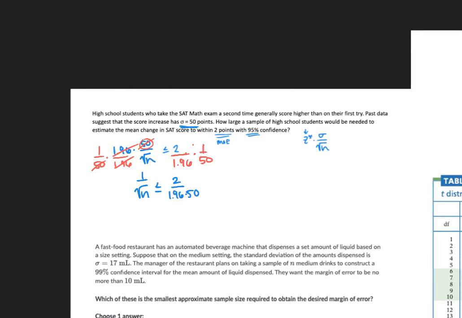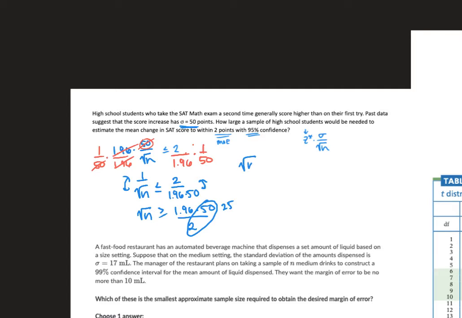Now we need to get n on top, so we're going to take the reciprocal, which means just flip it. So we're left with square root of n. And remember, when we flip it, the inequality also switches. So then we have 1.96 times 50 over 2. To simplify this a little more, we can just divide here. 50 divided by 2 is 25.